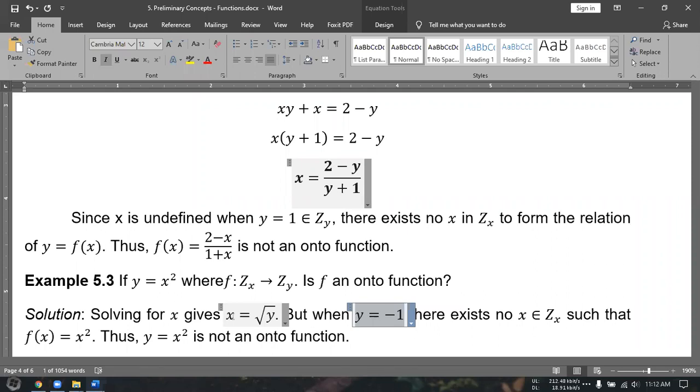I repeat, radicals where the index is even and the radicand is negative or less than 0 do not exist.